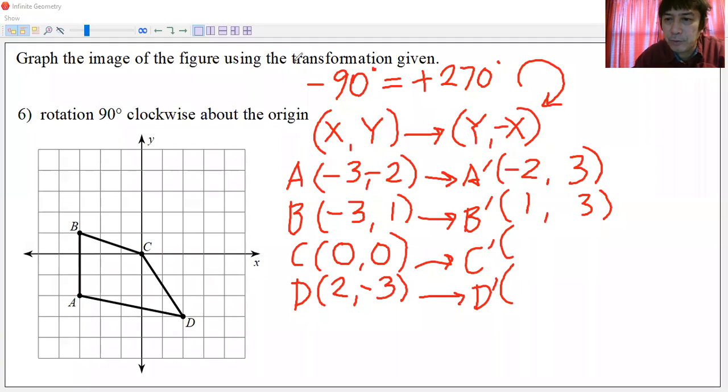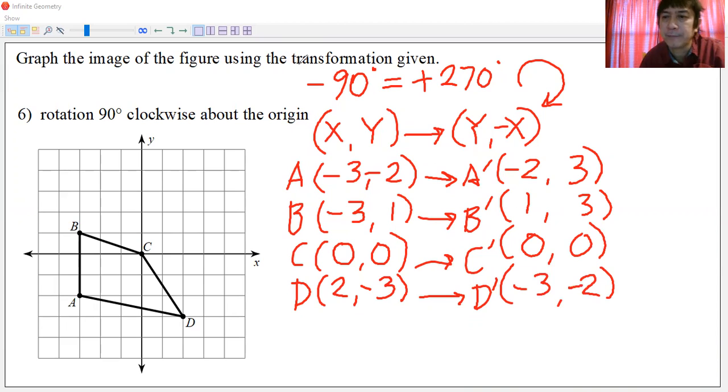So this -3 will become +3. Next, we proceed to the origin. The origin will not be affected because these are both zeros. So this will remain both zeros. And then finally for the D prime, this will become -3, 2. And that +2 will become negative. There. And we're done.